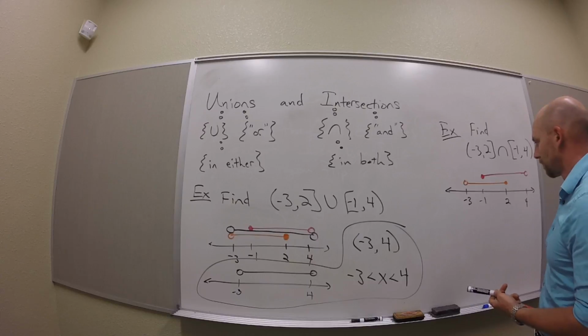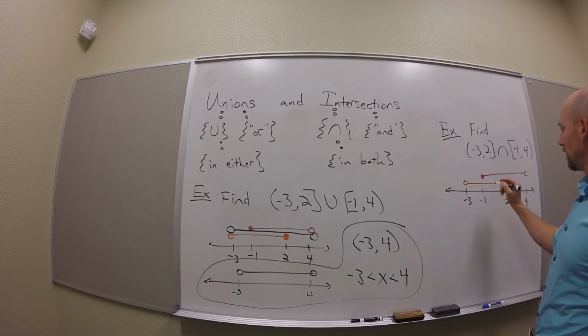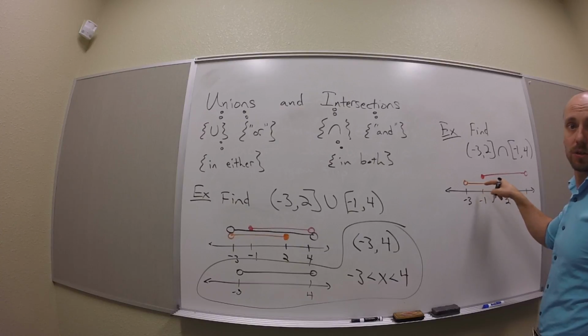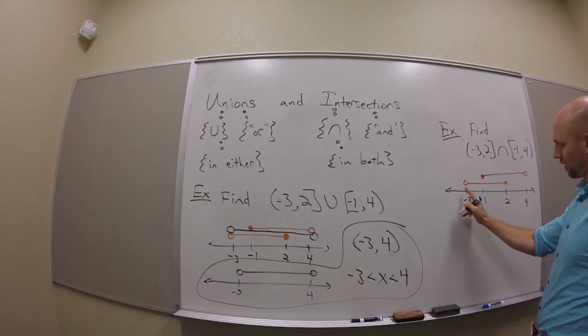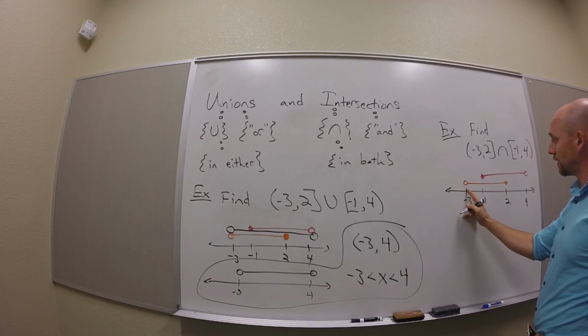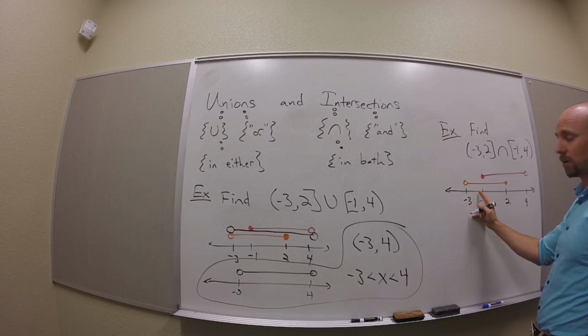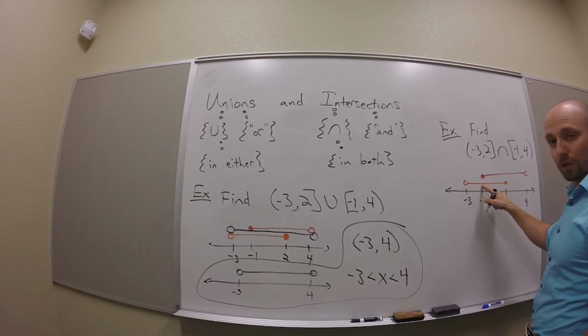Okay, now what? Now I need to figure out what's in common between these two. So it's got to be in common, so it's got to be in both. I'm looking here, and this stuff over here is not in either. It's not in there at all. And then this guy's only in the orange one. And I'm looking for things in both. So once I hit -1, -1 is in both of these things.